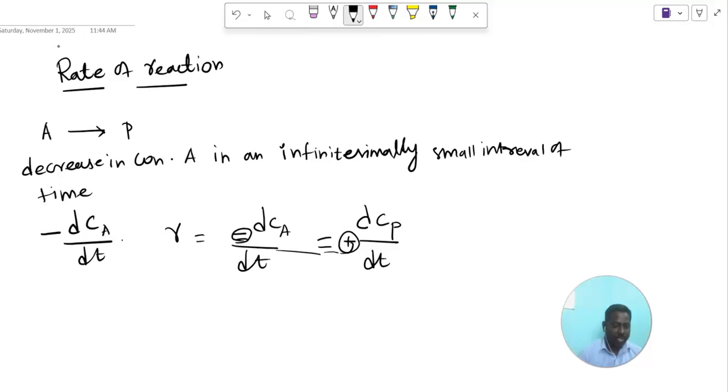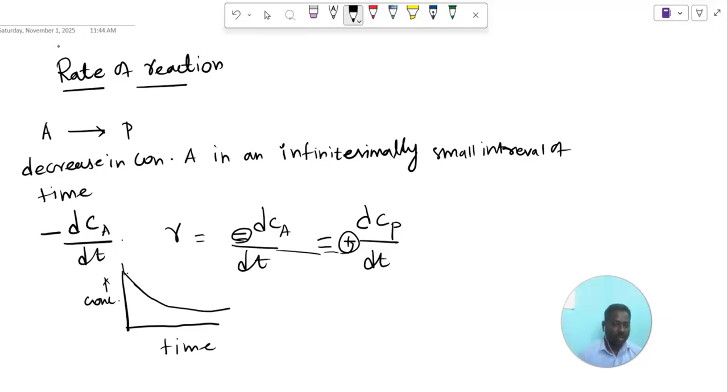This can also be graphically represented. If you plot time in the x-axis and concentration in the y-axis, for reactant, initially the concentration is higher. When time goes on, it keeps on decreasing, meaning the product starts forming.